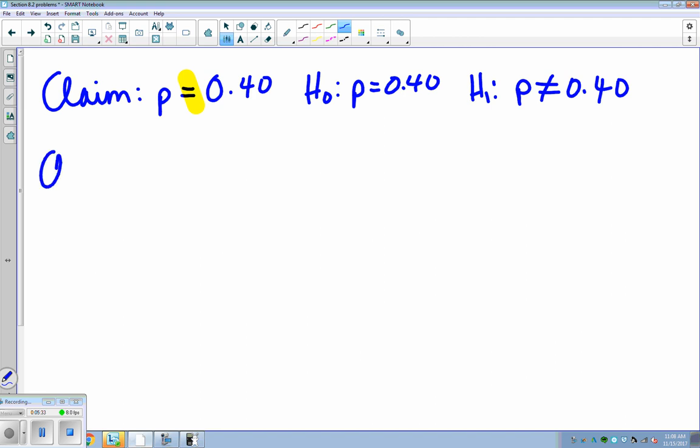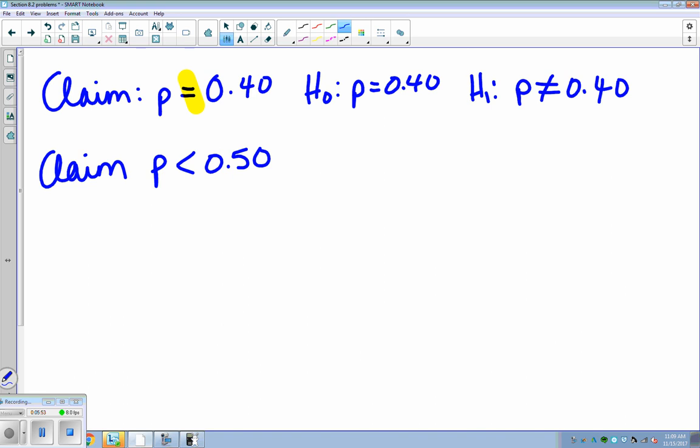So then, let's say our claim, just like the one we just did, was that P is less than half. This does not have equality in it at all. There is no equality.